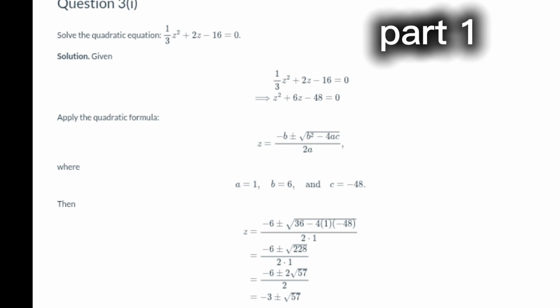The discriminant simplifies to 36 plus 128, which is 164. Final solution. The solution set is {-3 plus or minus square root of 57}. Note, the solution set in the image has a potential error in simplification, as 164 equals 4 times 41. But the method shown is correct.